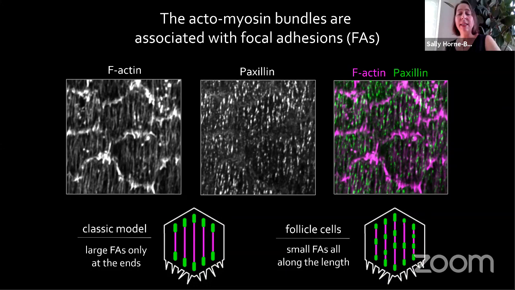Now, this paxillin signal that I'm showing you is overexpressed. And the reason that we do that is that it makes the adhesions a little bit bigger and easier to see. But we can see this same pattern with endogenous tags on paxillin, talin, beta integrin. So we really do believe that these multiple adhesions are real and that they're ultimately the key to the dynamics that I'm about to show you.